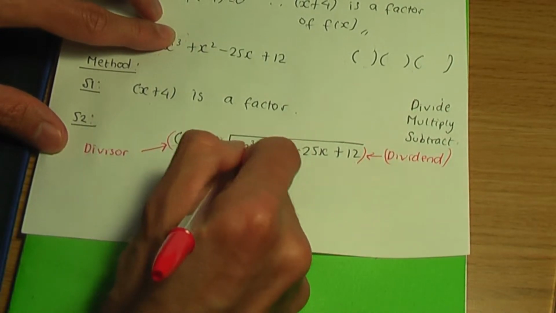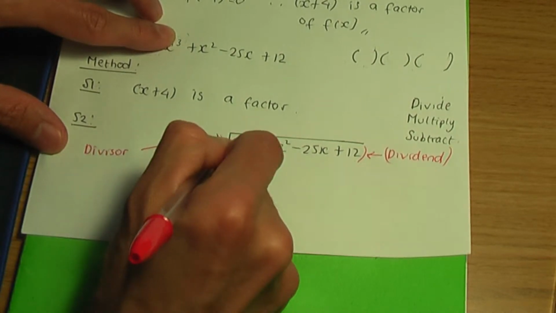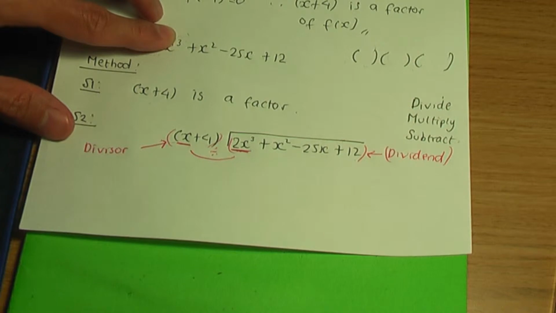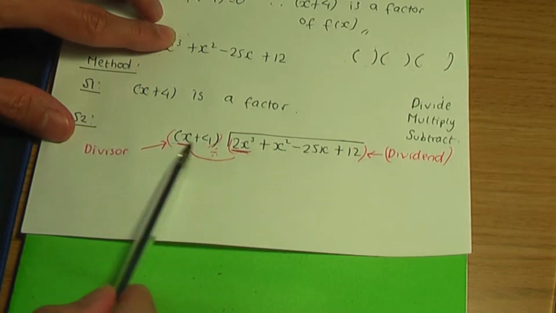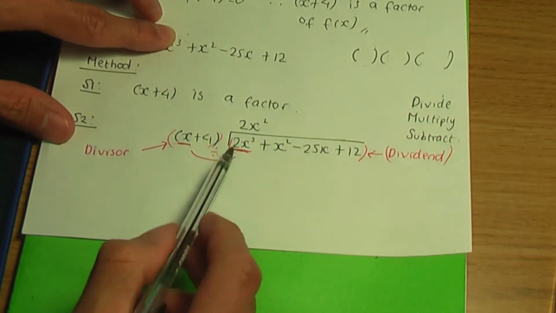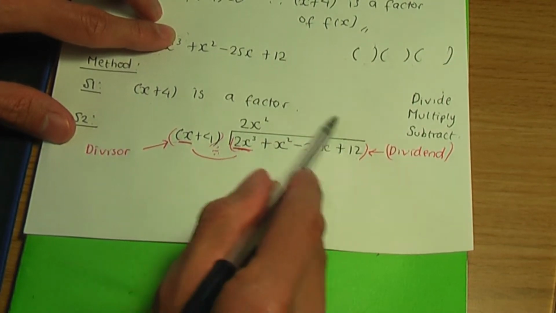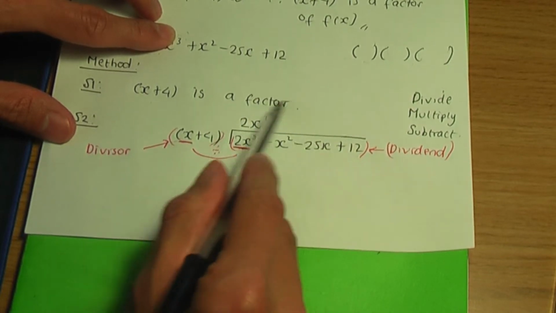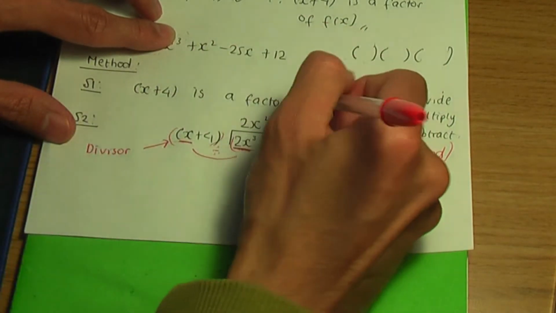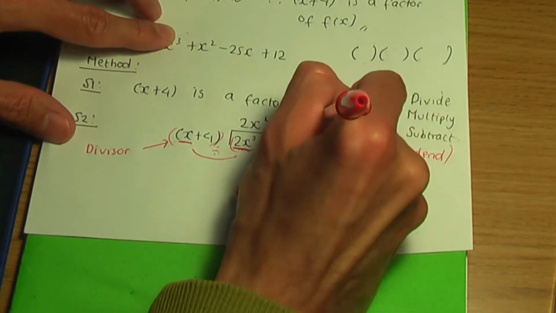So 2x cubed divided by x is 2x squared. Whenever you divide, you write the outcome as part of the term on top, which is called the quotient of division.